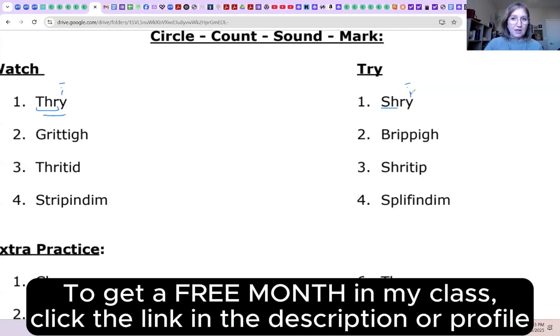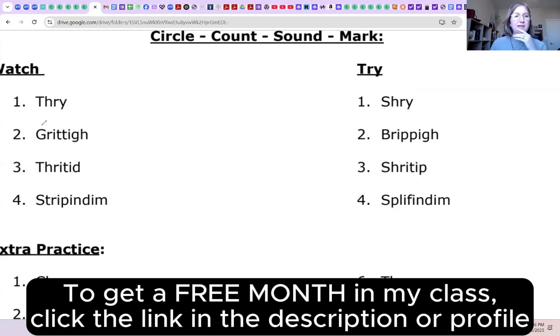The R will say r, and the Y will say I because Y at the end of a short word says I. So the sounds are sh, r, I. Forcing that R sound in the middle there, it's shry, shry. Think of the word shrine, like you're going to visit a shrine. It's the same beginning sound, just without the n at the end. Shry, shry. Okay, number 2.